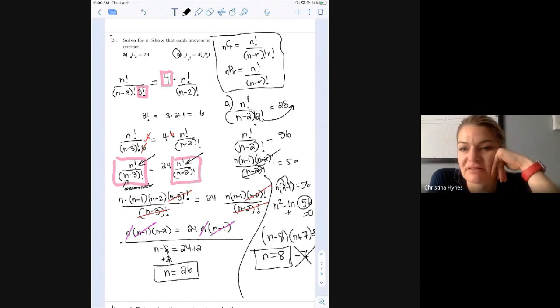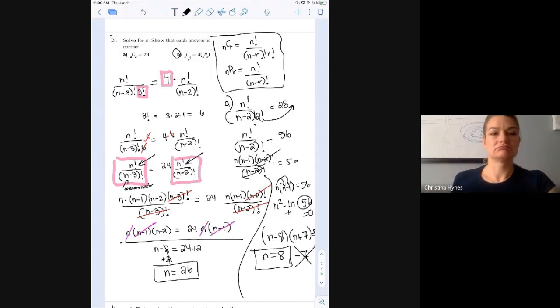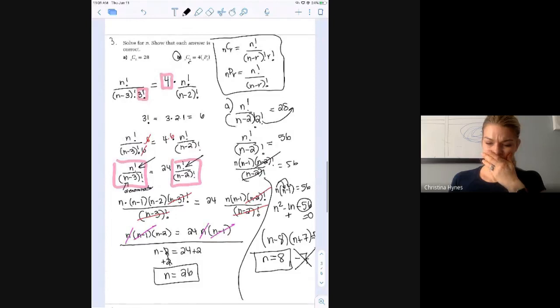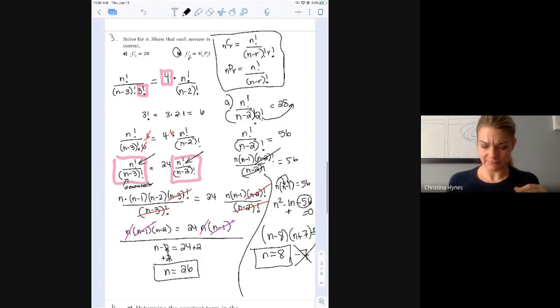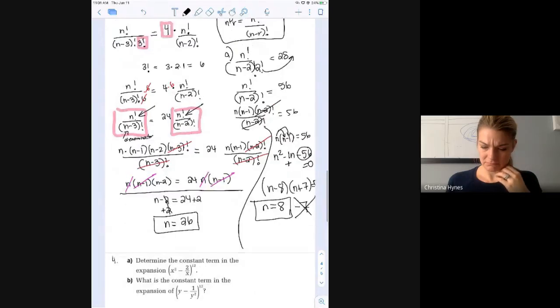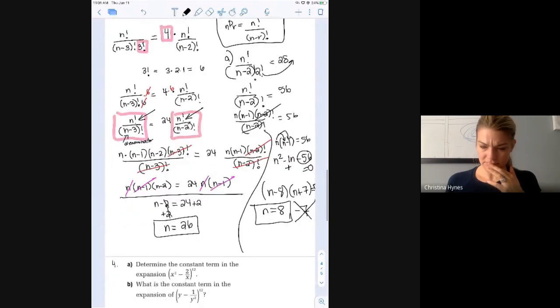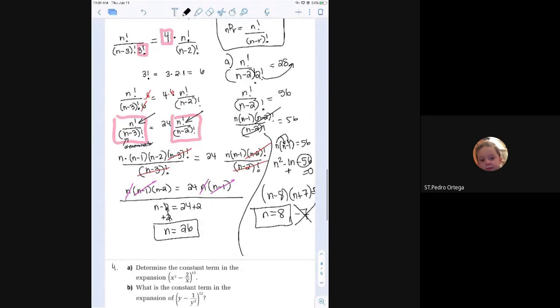When the number is on the same side as the factorial, what do you do? Same side as the factorial. What do you mean? Like in 4? Which number 4?